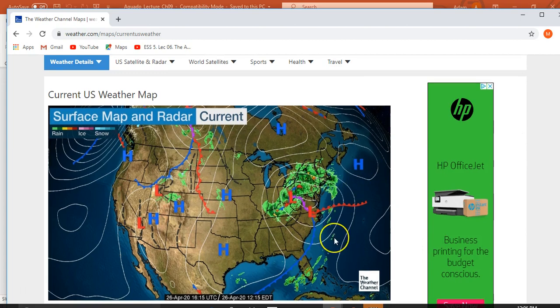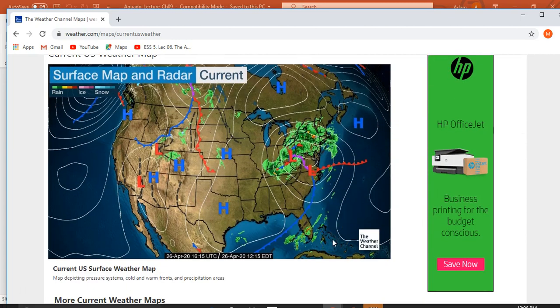Here is today's weather map, and you can see all over the weather map we have a stationary front that is passing by, and all these weather systems and lines are moving west to east, as you should know from Unit 3 with the westerlies.